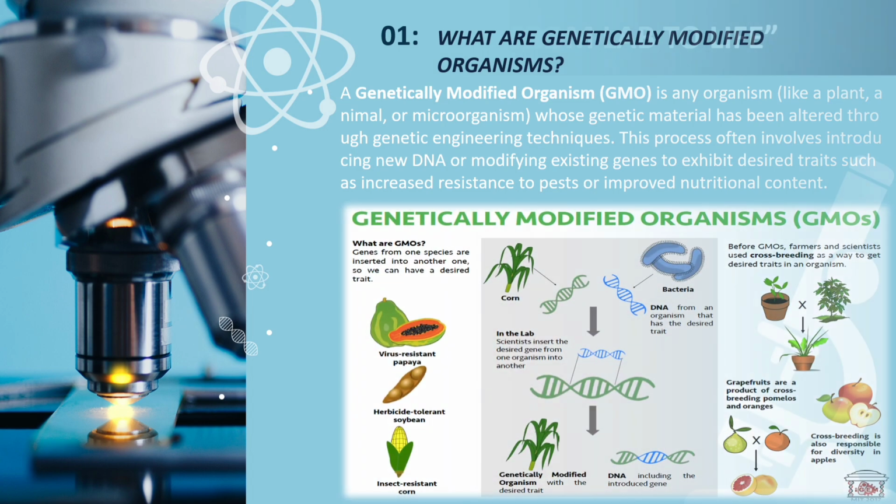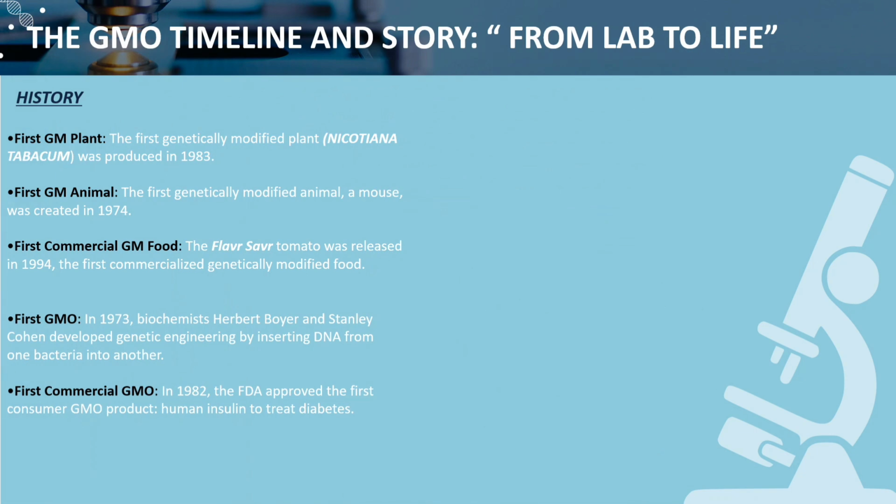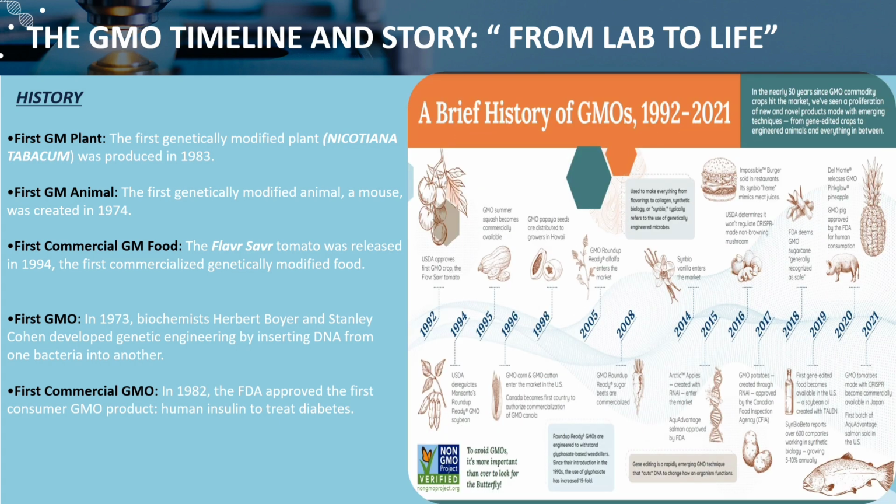Moving on to the next part, the history and the timeline. The first genetically modified plant was created in the year 1983, which was Nicotiana tabacum, and the first genetically modified animal created was a mouse, in the year 1974.